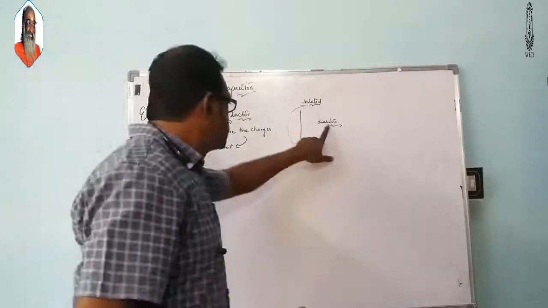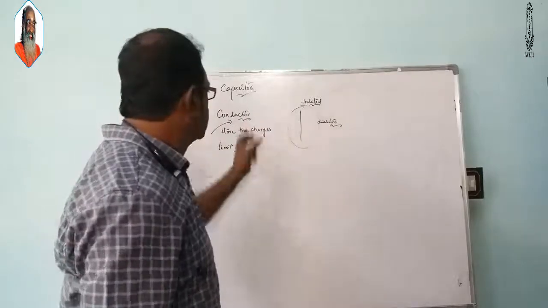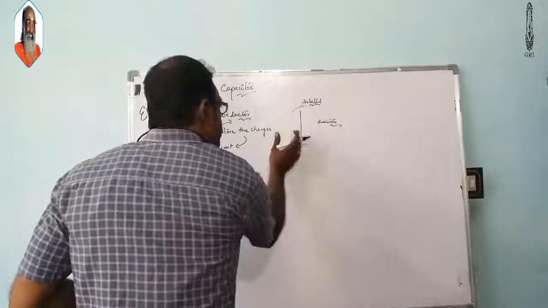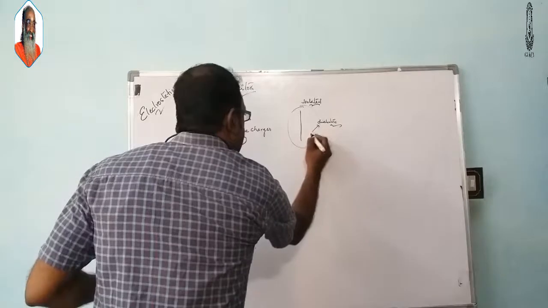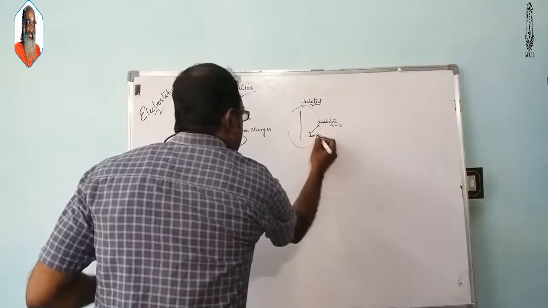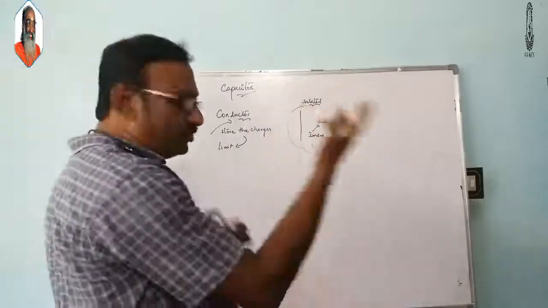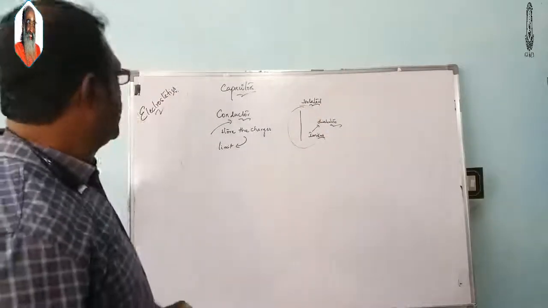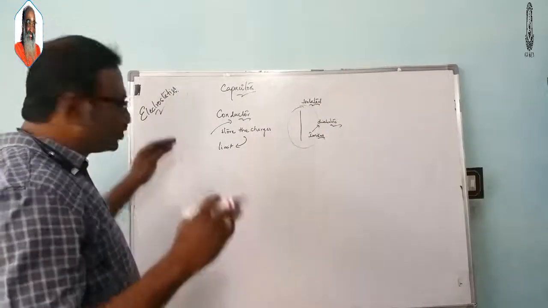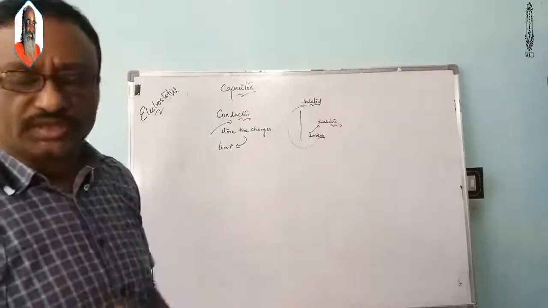Because it is a dielectric, the additional charge given to it ionizes the dielectric, and thereby the charges will be leaked to the surroundings, and so we cannot store more amount of charge in the conductor.